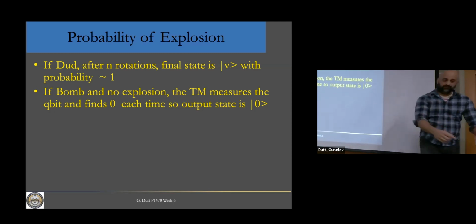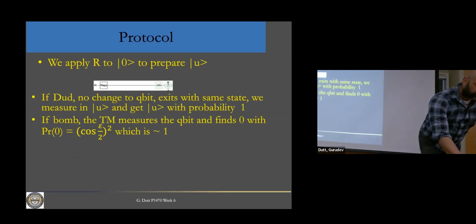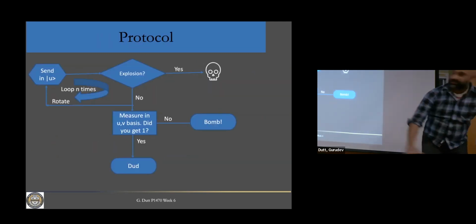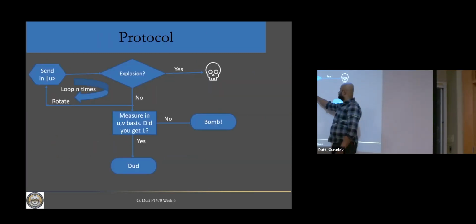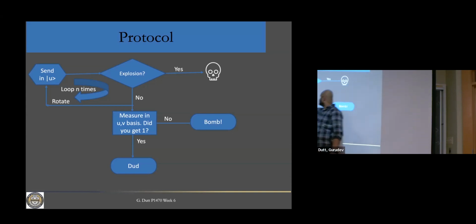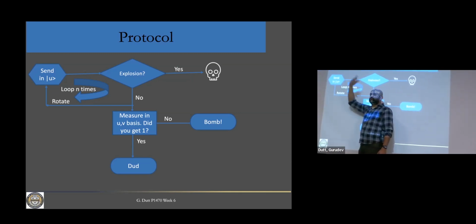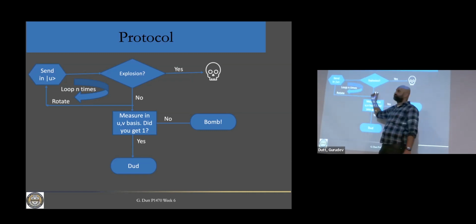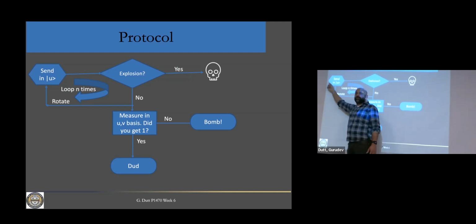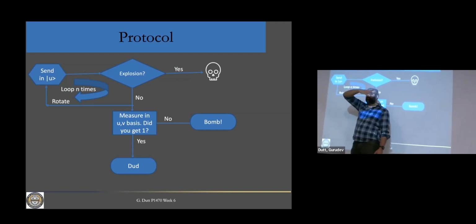So when it sends a 0, if you go back to the protocol, every time that there's no explosion, the Turing machine has measured a 0, I've sent it back here, so I do a rotation, I get back the state U. I don't get U rotated each time, I just get U each time. Because I got no explosion, the state must be 0 coming in here. It's like I started the protocol right at the beginning. So when I rotate here, I have sent in again the state U and not the rotated version.